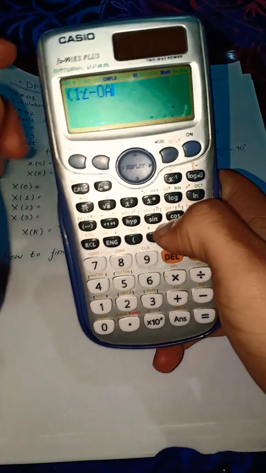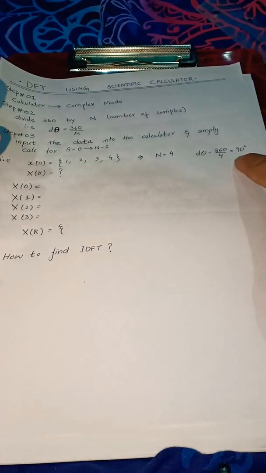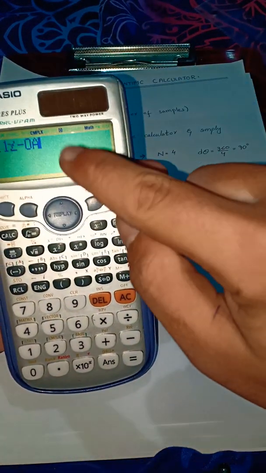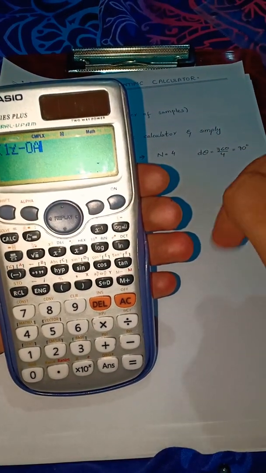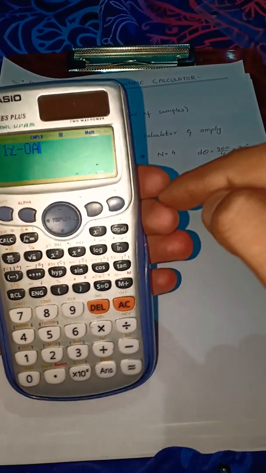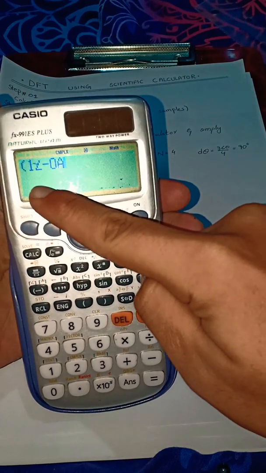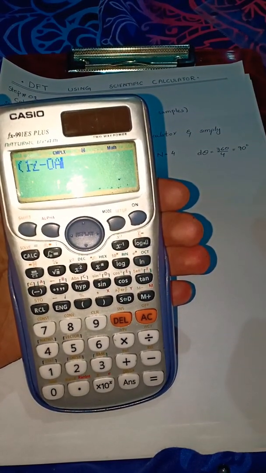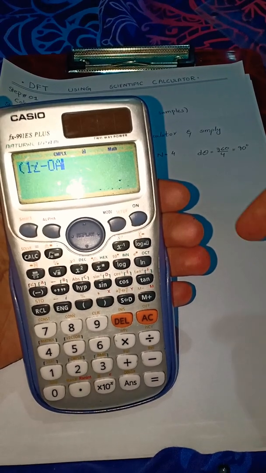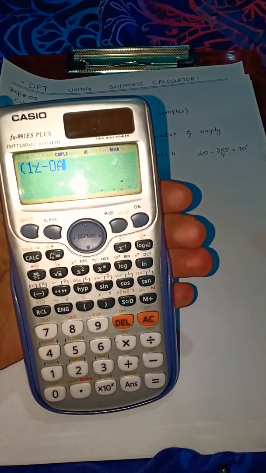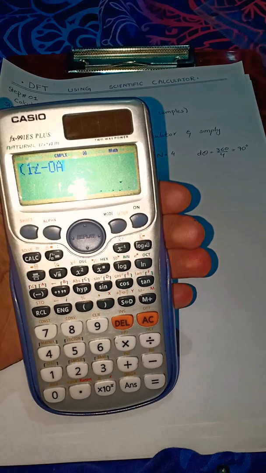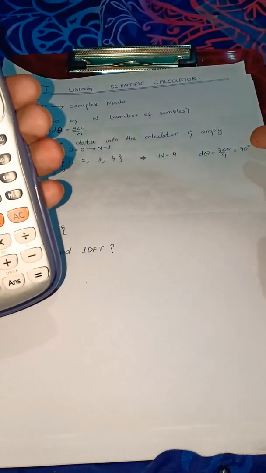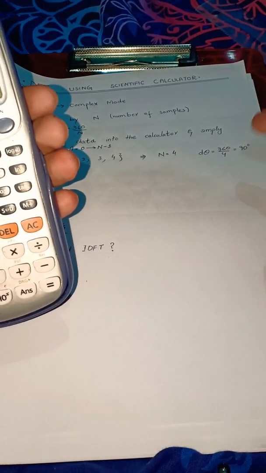Okay, now why I have calculated this 90 degrees, that means you have to add this angle with the corresponding sample. Like if I start with one at angle -0, then the second sample would have an angle of -90, -180, -270 and so on. Now if n equals 6, 360 divided by 6 would give me 60.